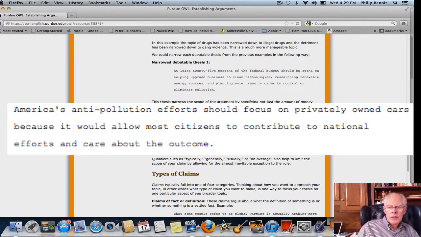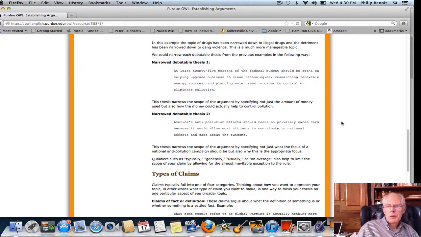So it's saying there's a reason why we're focusing on privately owned cars rather than other popular options or possible options for focusing our efforts in anti-pollution. So we're saying this would allow most citizens to contribute to the effort. So it involves a lot of people. It gets people caring about the outcome of the program. Okay, so we've narrowed that even further.